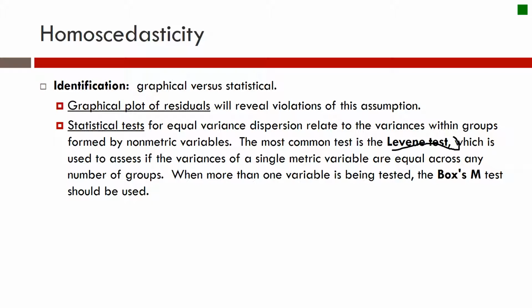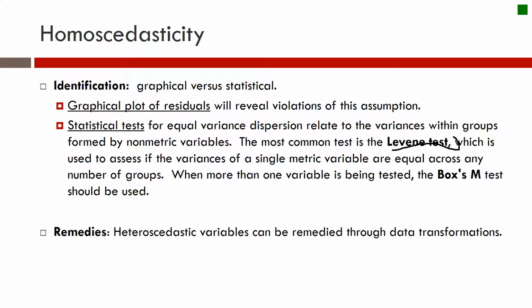Okay, so the Levene test is what we want to do there. Again, how we correct for this would most likely be through some type of data transformation, like what we talked about a little bit when we dealt with normality and non-normal data points.